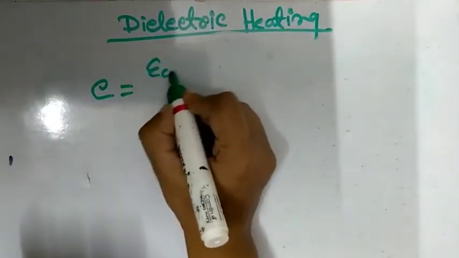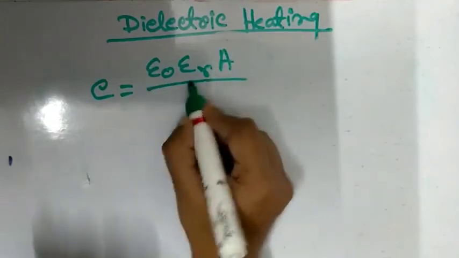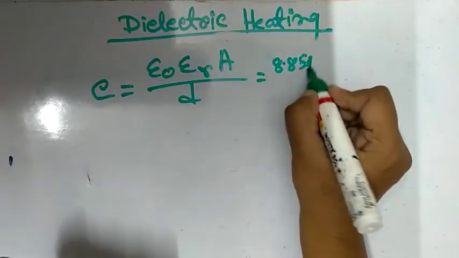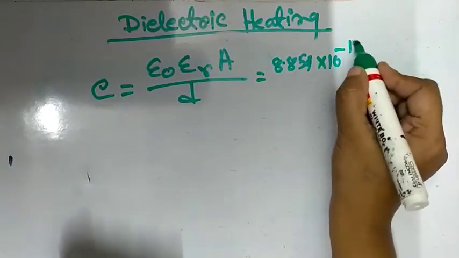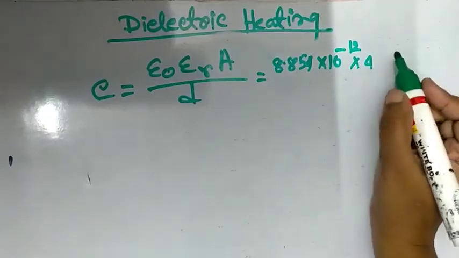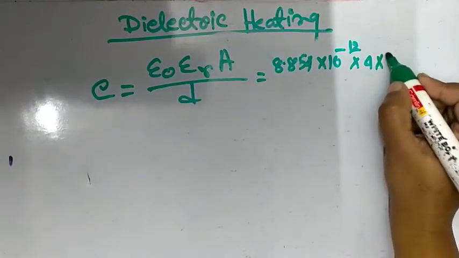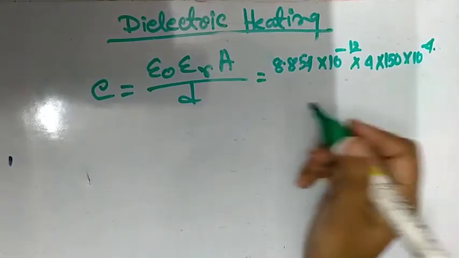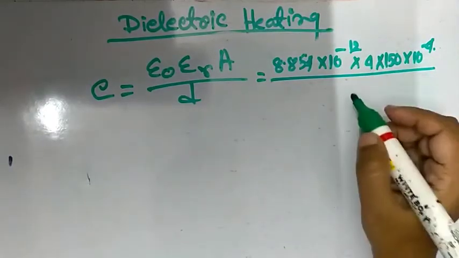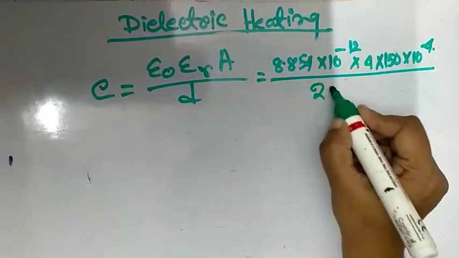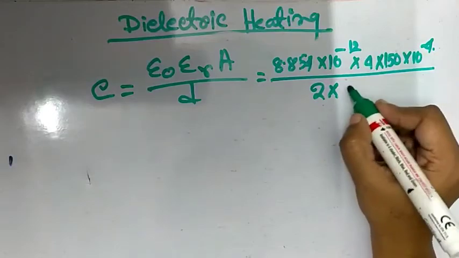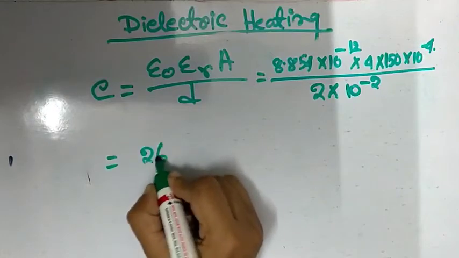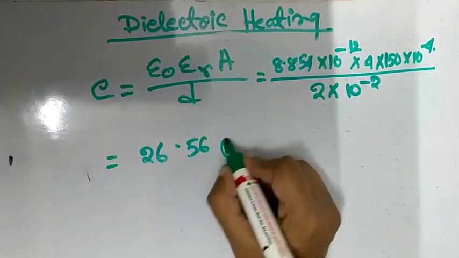C is equal to epsilon 0 epsilon r A by D. Now, the value of C is 8.854 into 10 to the power minus 12 into 4 into 150 into 10 to the power minus 4, because we have to convert it into square meter, and D is given 2 centimeter, so we convert it into meter. So, final expression is 26.56 picofarad.